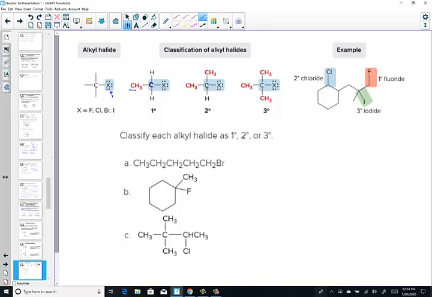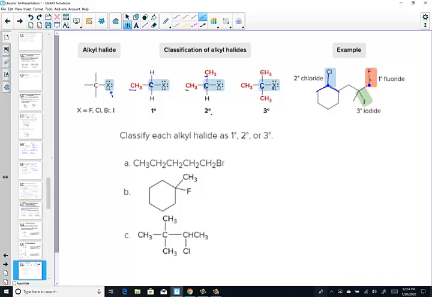If the carbon attached to the halogen is attached to 2 other carbons, secondary. And if the carbon attached to the halogen is attached to all carbons in opposite directions, that was a tertiary alkyl halide. So the carbon attaches to 2 other carbons leading from that halogen. That's a secondary alkyl halide.